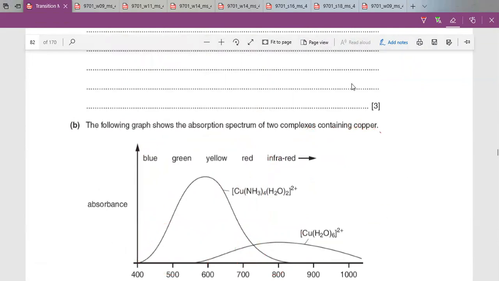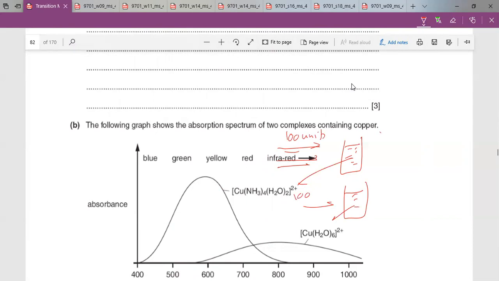See, we got the same amount of solution. Here, same amount. So this one here, this one here, and got the same amount of light coming here. Very strong one. Let's say it contains 1,000 units. Here's 1,000 units. Very strong light.